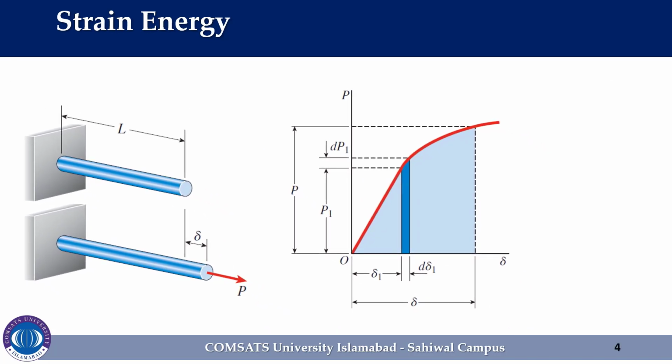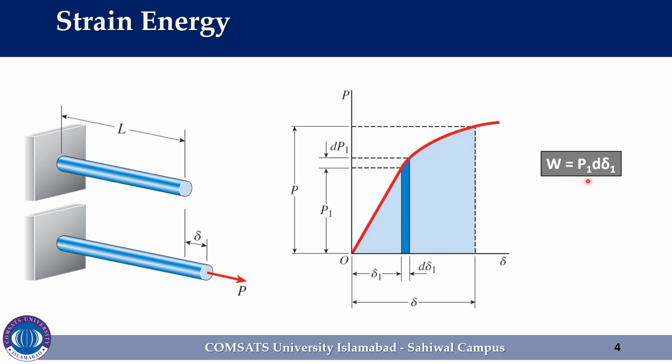Now let us denote by P1 any value of the load between 0 and the maximum value P, and let us denote the corresponding elongation of the bar by delta 1. Then the small change in load, represented by dP1, will produce a change in the length of the bar by a value of d delta 1. The work done by the load during this incremental elongation is the product of the load and the distance through which it moves, that is, the work equals P1 d delta 1.